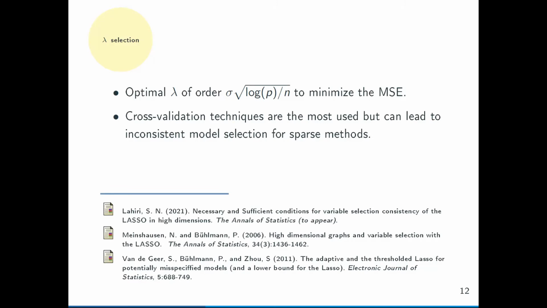In order to solve this inconvenience, it is quite common to make use of cross-validation techniques. However, these techniques cannot be optimal in terms of covariate selection.